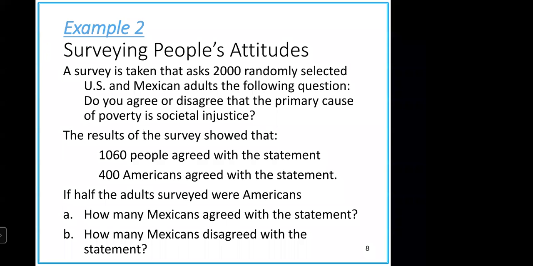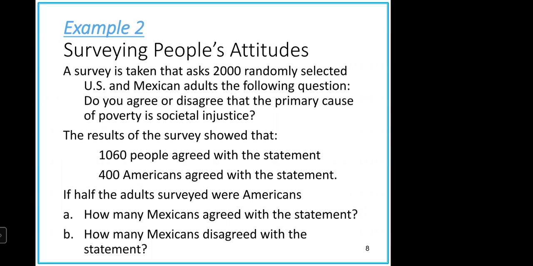So if the statement was worded in such a way that you had Americans and Mexicans and you were told that a certain number of the two of them agree, then you would have an overlap between the Mexicans and Americans, but it wasn't worded in that format. I don't know if I'm making sense there. Yes.